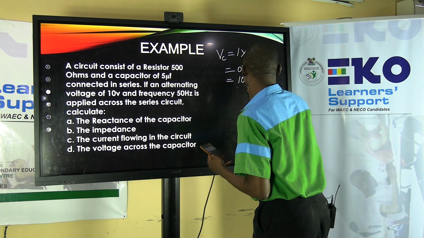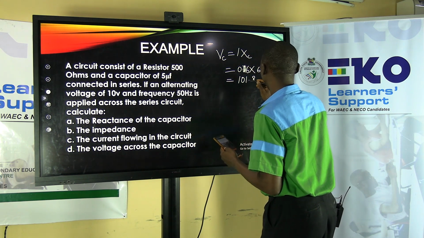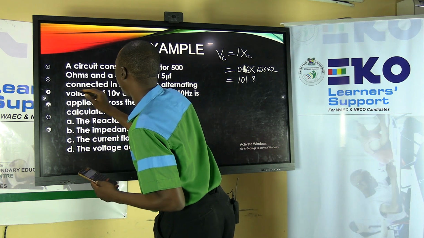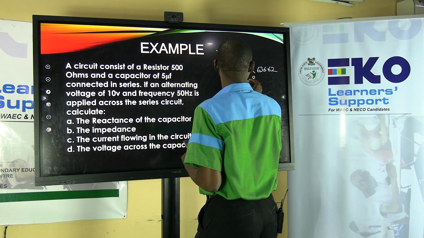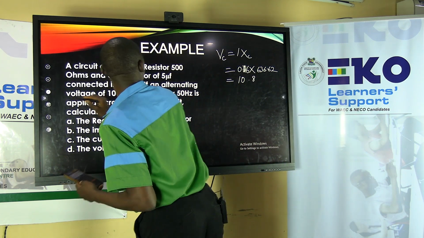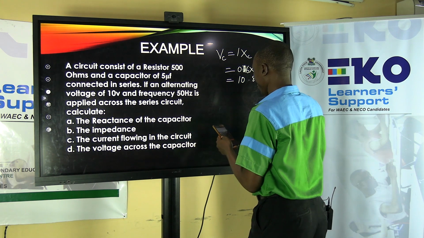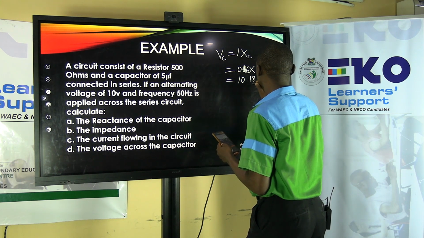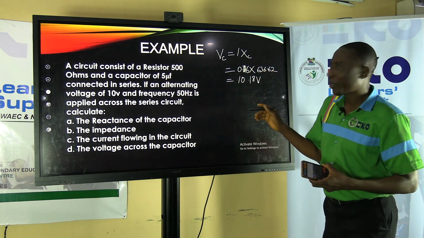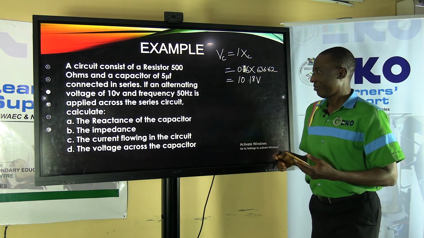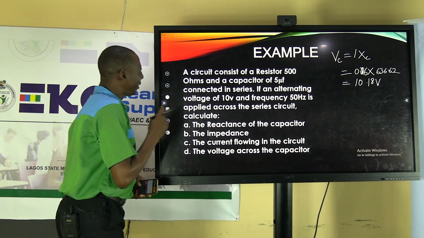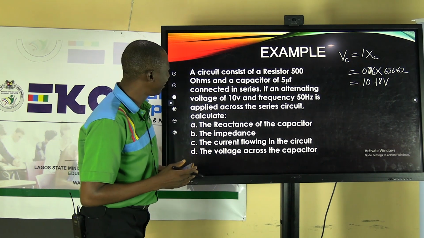Very good. So it's 10.18 V. So this is the voltage across the capacitor. I believe you have understood this.